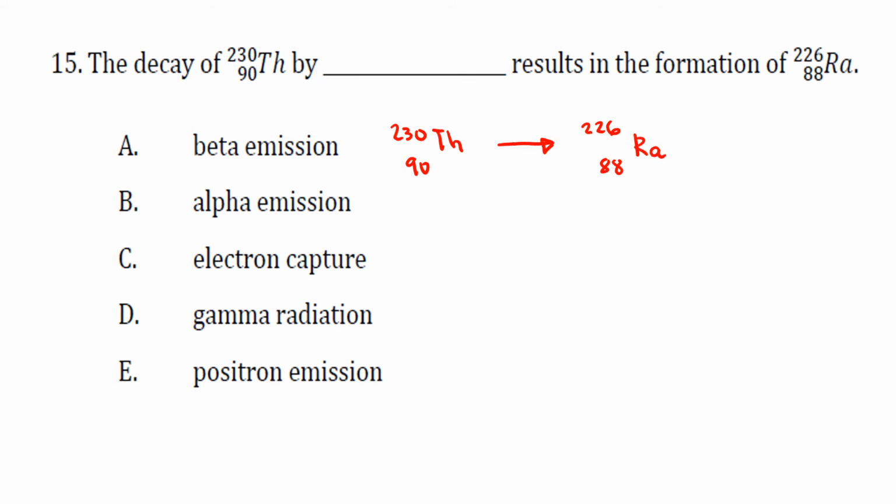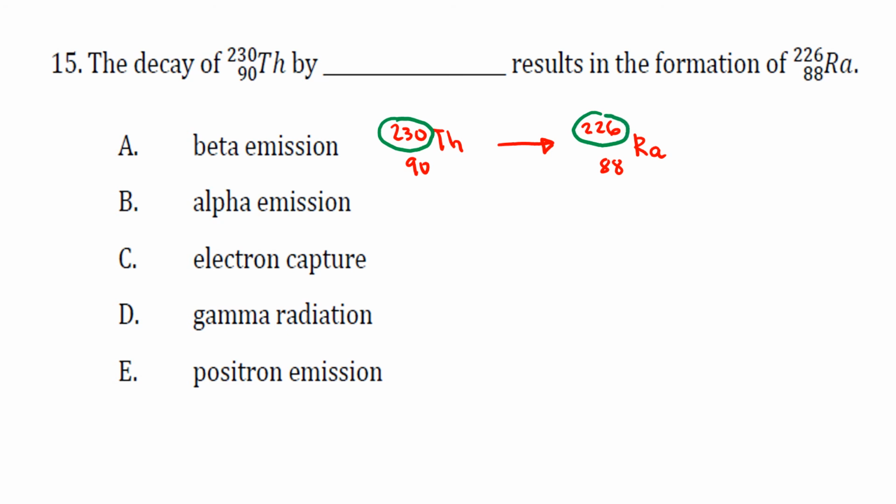We have to make sure that the mass number on the product side is equal to the mass number on the reactant side, as well as their atomic numbers. If we look closely, on the reactant side it's 230, but on the product side we only have 226.